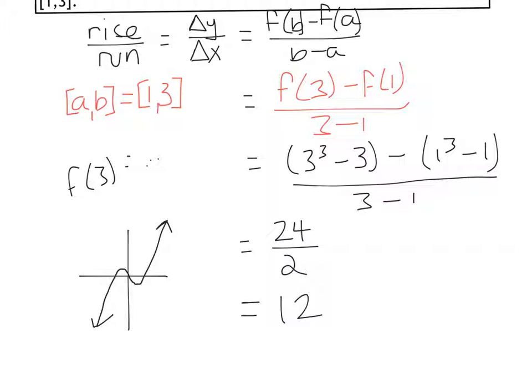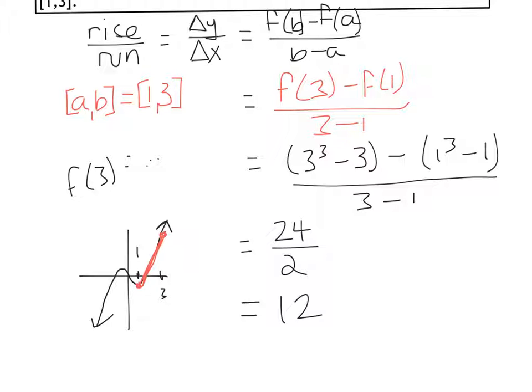Now, if we had that graph, what it's saying is that the average rate of change between the values of 1, so this would be 1 on the x-axis, and let's say this is 3, is that if I just drew a nice straight line between them, the slope of that line would be 12. That's what that's saying.